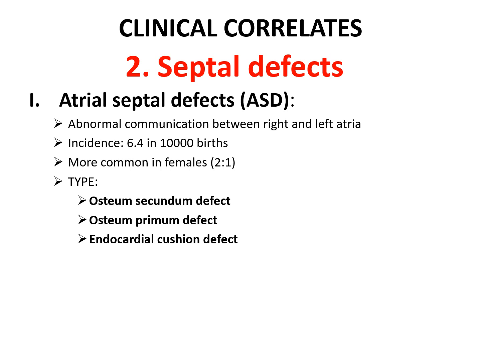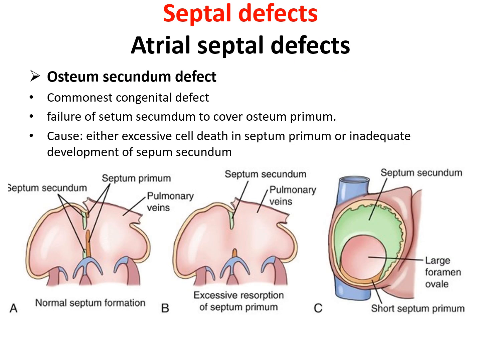There are three types of atrial septal defect: ostium secundum defect, which is the commonest, ostium primum defect, and endocardial cushion defect.